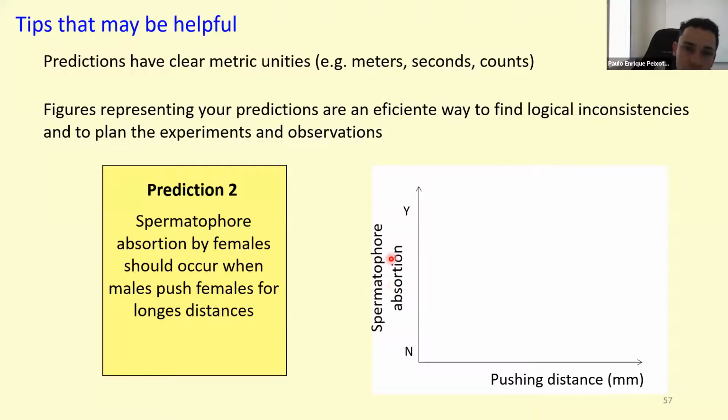And basically, in my experiment, I would be able to see if it occurred or not, here, no or yes, and I would measure the pushing distance, for example, in millimeters, okay? So if I have this figure and this prediction is true, I should be able to find this pattern, okay? And this would be very helpful for you to identify possible inconsistencies in your predictions and to see how you could perform your observations, okay?